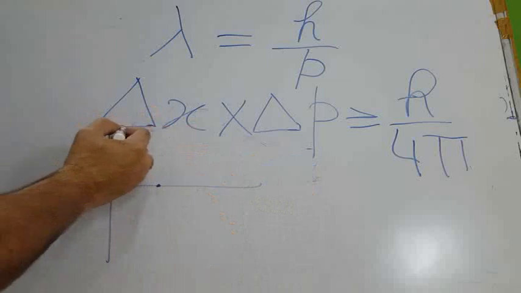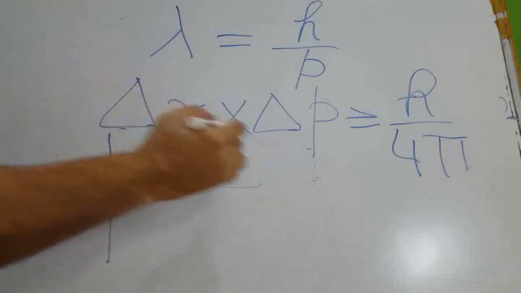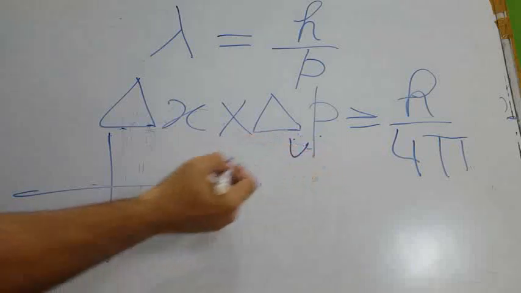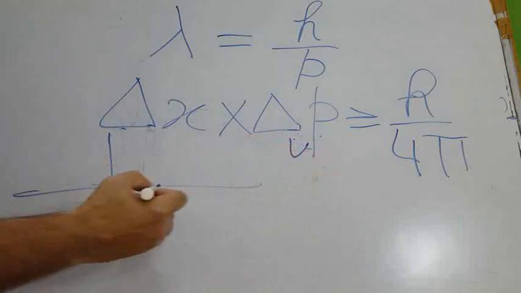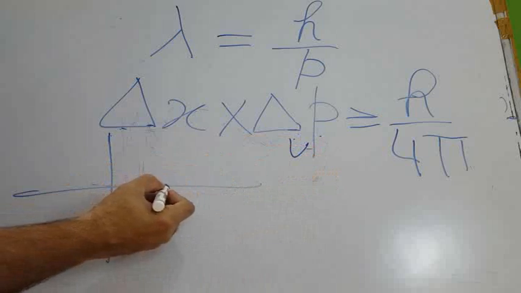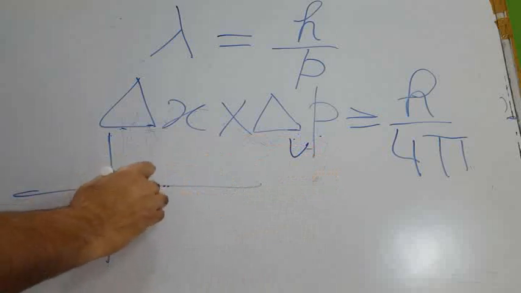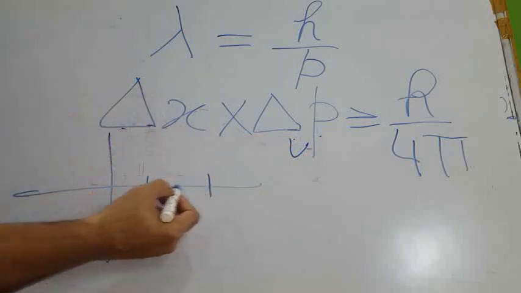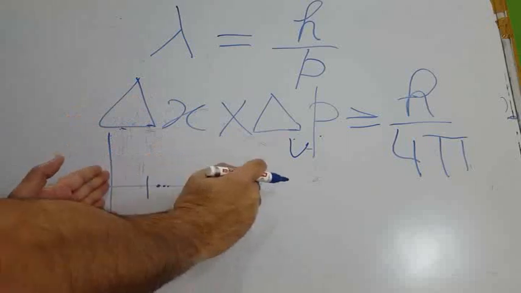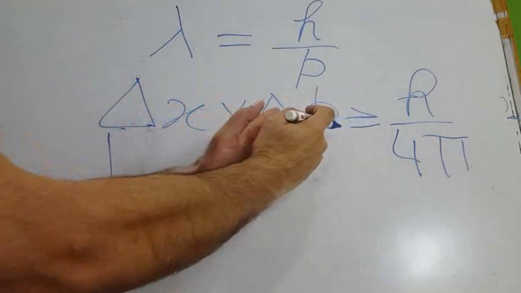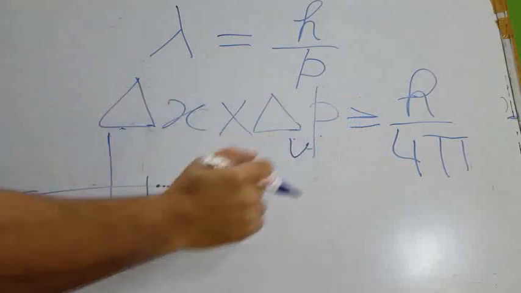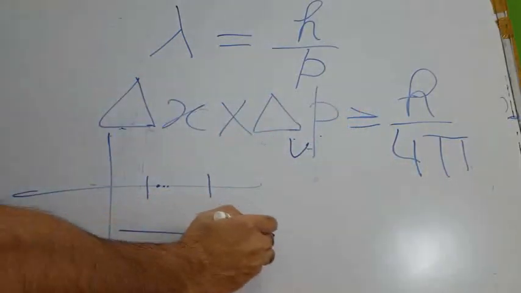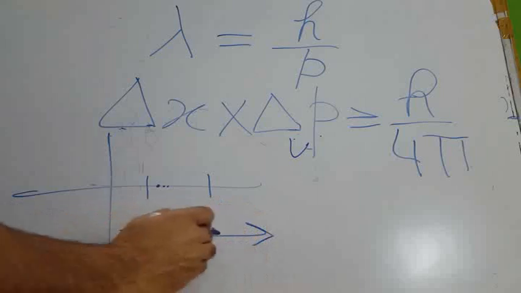Means delta x varies. How? Suppose we try to be very precise about the velocity, then what happens? We lose the information whether this particle is lying here, here or here. Means this range within which it may lie goes on expanding as we try to narrow down the uncertainty in the velocity. Suppose this represents velocity.